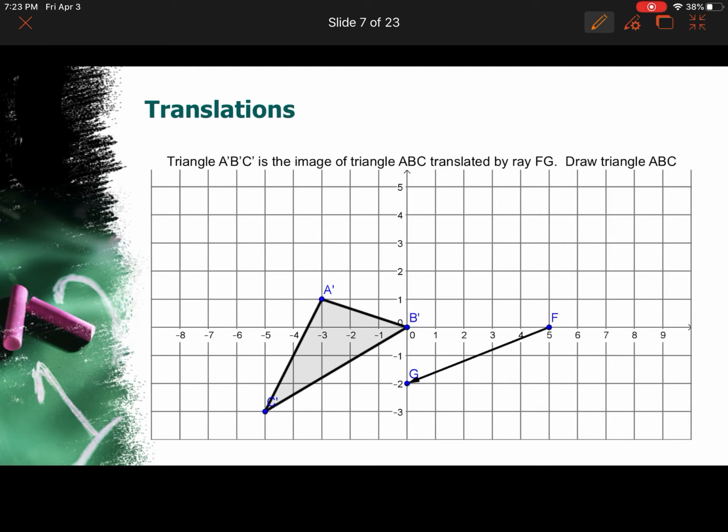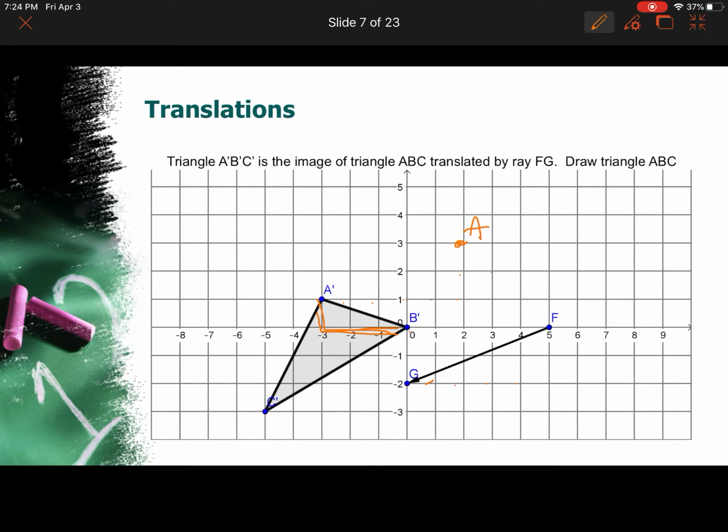Okay, so if we're going backwards, we went down 2 and then backwards 1, 2, 3, 4, 5. So we're going to go over 5 and up 2. So my A was here. And actually, if we wanted to draw this, once I find one of them, I can make the others in the same form.